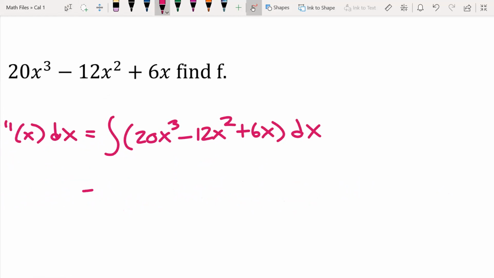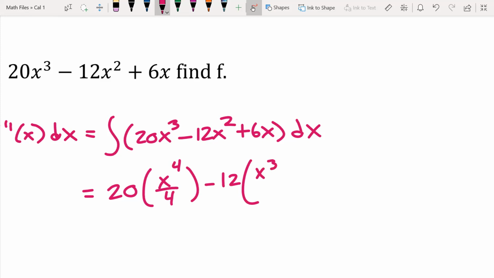So when I use power rule, I'm going to get 20 times what is the antiderivative of x cubed? x to the 4th over 4. There you go. Minus 12 times what's the antiderivative of x squared? x cubed over 3. There you go. One more.